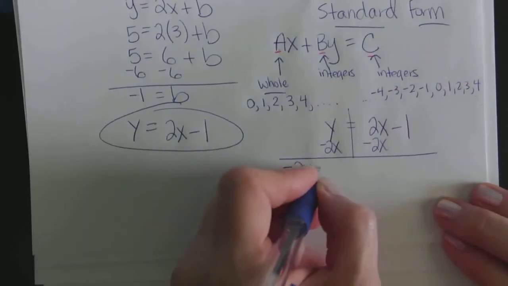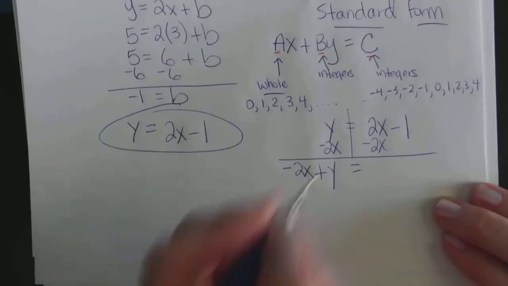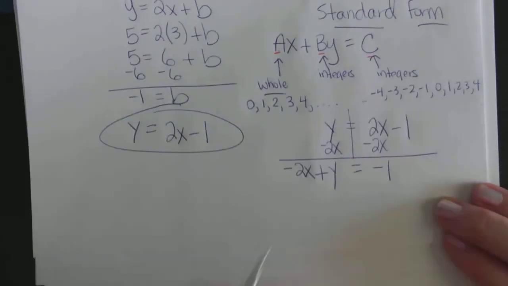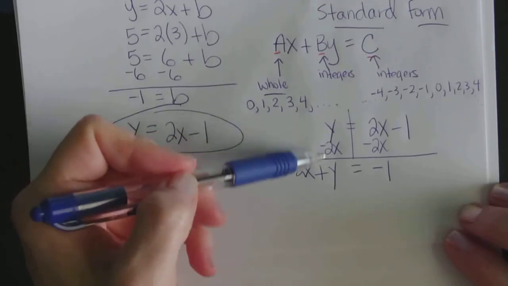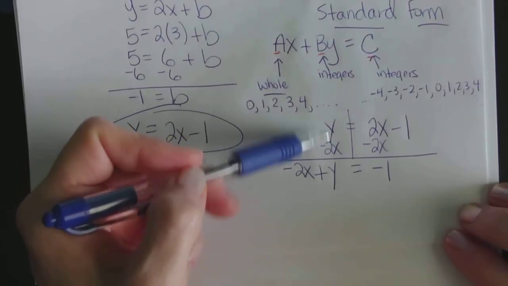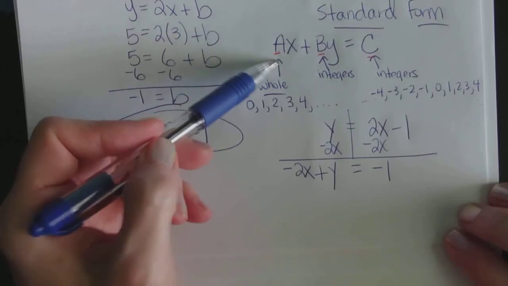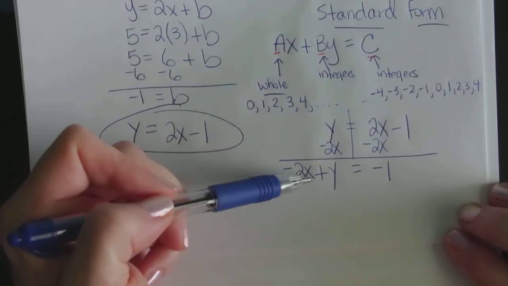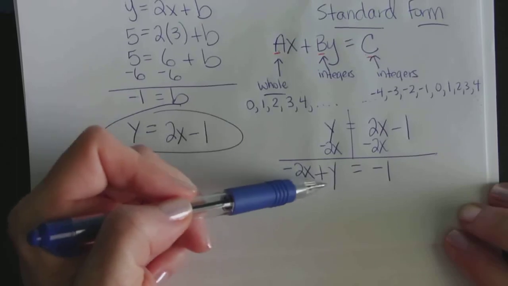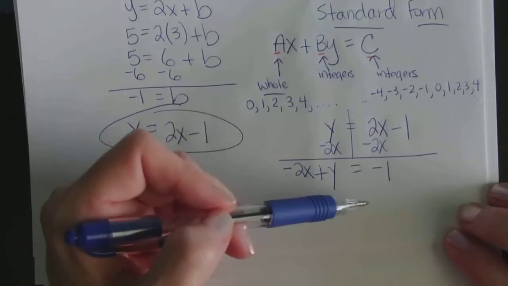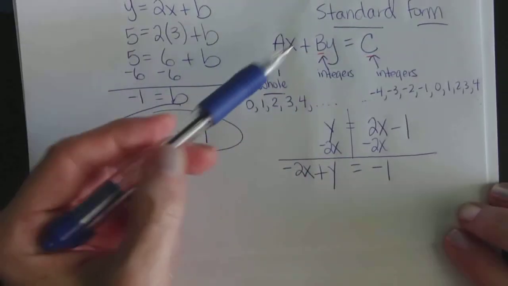That's going to give me negative 2x plus y equals negative 1. Remember, I can't put these together. They're not like terms, so I just write it as it is. The negative 2x in the front, that's the ax, and then the by, 1y, plus y equals my c, negative 1.